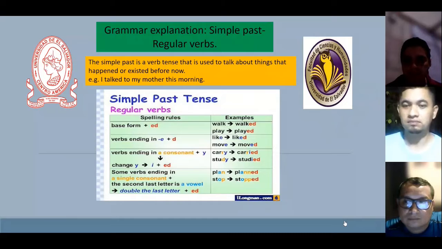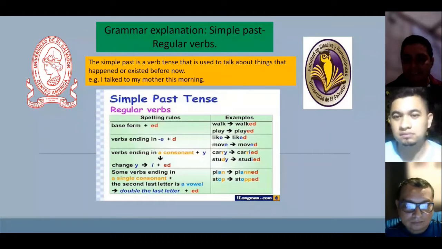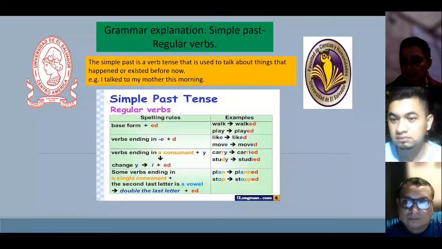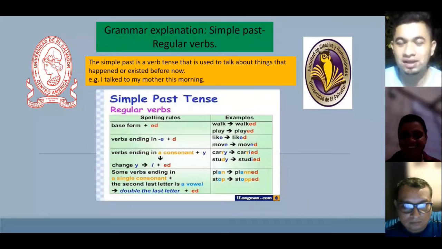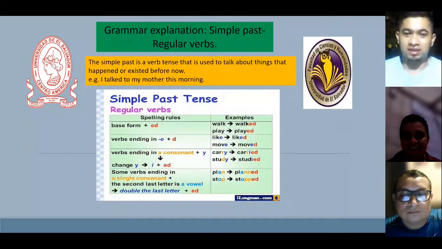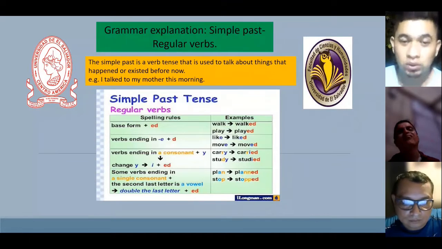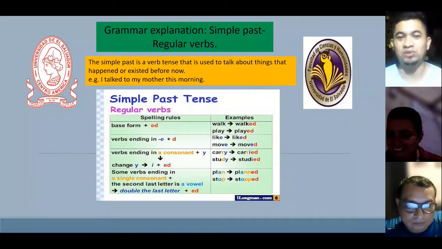For example, I can say I smiled or I closed the door, something like that. No. In this case, I think those verbs that you have already mentioned are in another rule that we are going to check later. But thank you for your participation.